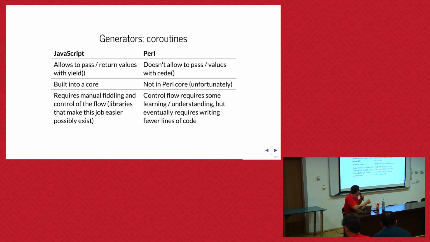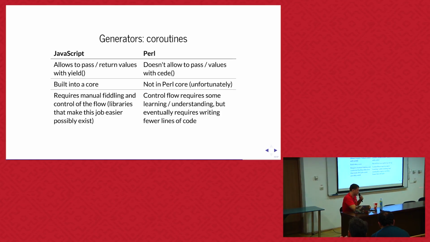In Perl you can't do that. In JavaScript it's built into the core, and unfortunately in Perl we don't have coroutines. And talking about control flow, in JavaScript you need to remember that a generator returns an iterator and you have to manually call next. And in Coro you have to learn how it works, but after that everything is pretty straightforward.